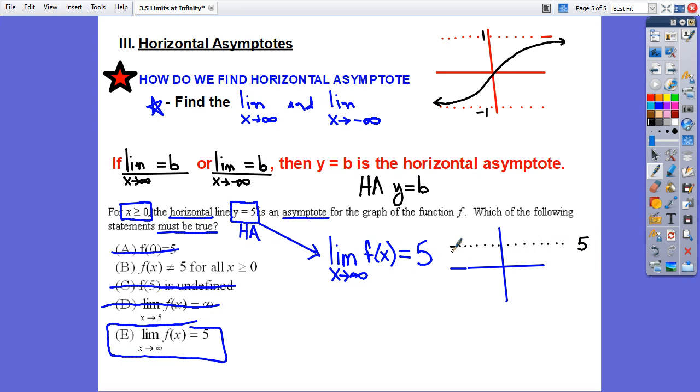Maybe my graph does this. It hugs, pops out, and then does this, and then it hugs again. So with horizontal asymptotes, it has nothing to do with undefined values. It has everything to do with end behavior. So f of x could equal 5. We don't know that for sure, and it says what must be true. So be careful of that as you're going through doing horizontal asymptotes.